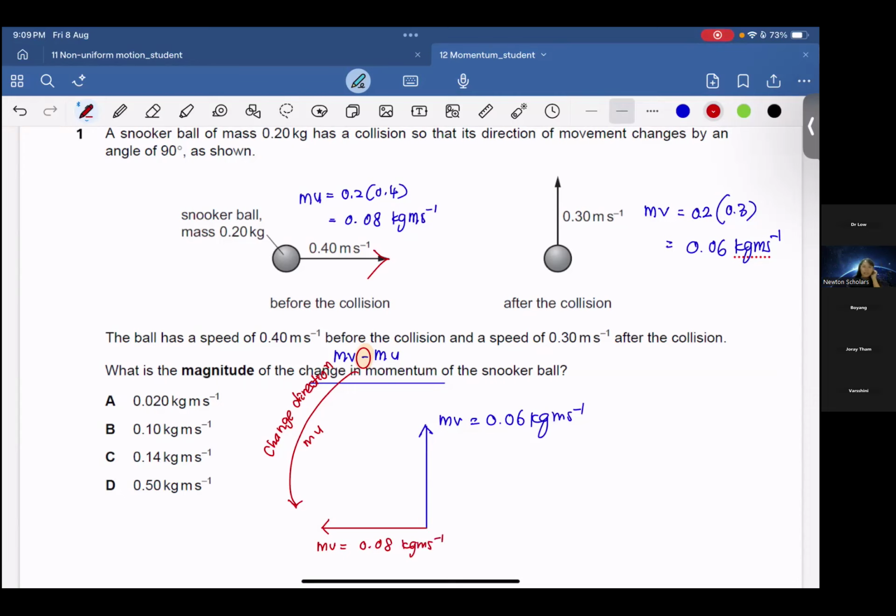What is the magnitude of these two? Magnitude is something like the resultant, so we need to find this out. This one you can solve using the mathematics Pythagoras theorem, the triangle. Can you calculate and then tell me your answer?